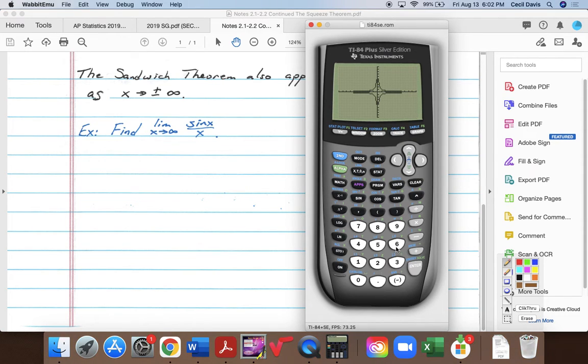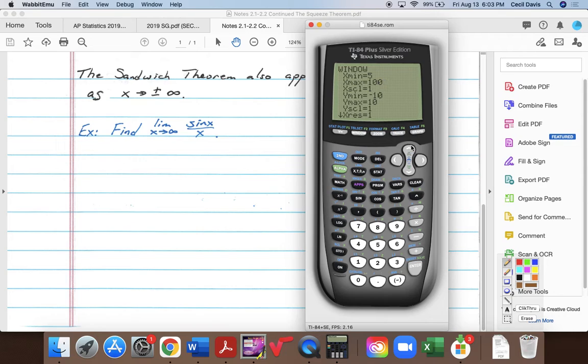We're interested in what happens out here towards infinity. So I don't really care what happens at 0 because we're doing as x approaches infinity. So what I'm going to do is I'm going to make this a little different in the window.